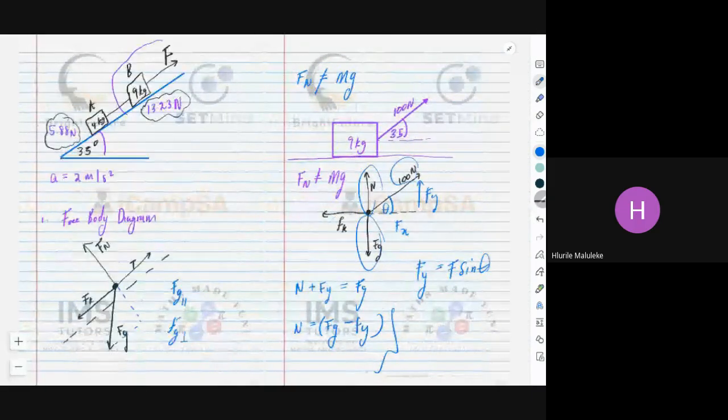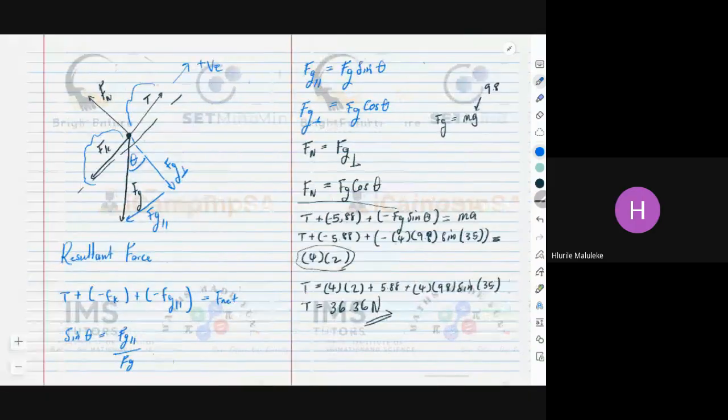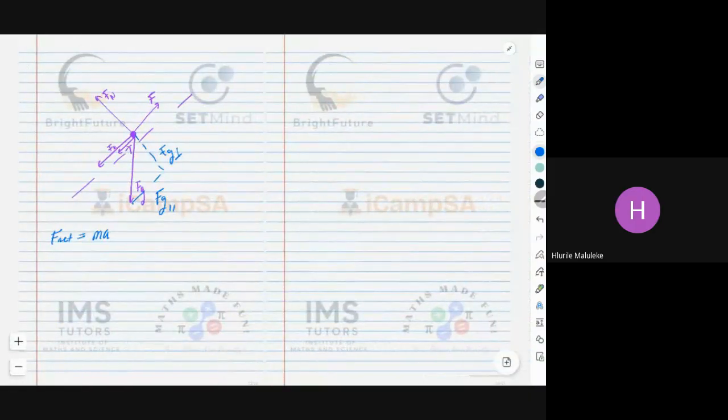The weight is 9 kg. Okay, so these are going down. So that means we're going to have F as positive, minus Fk, minus T, plus, don't forget this, minus Fg parallel equals MA, right?